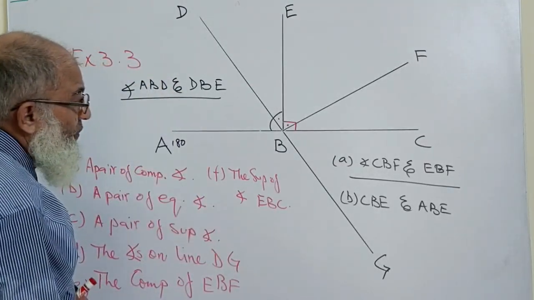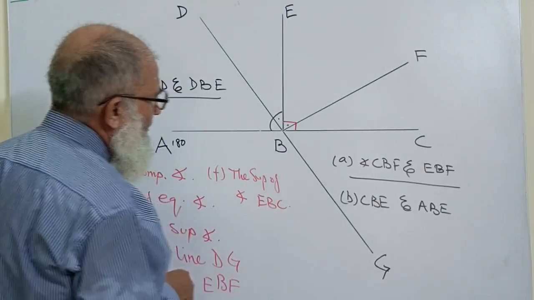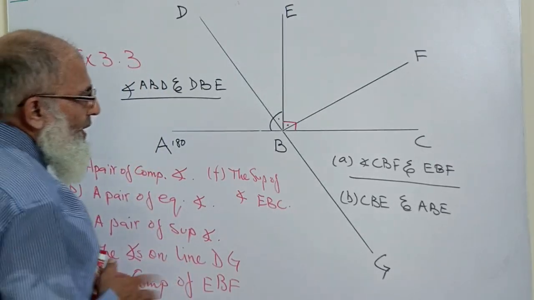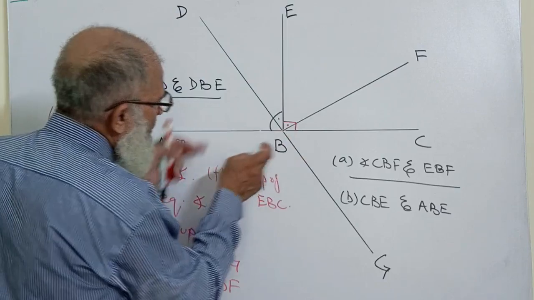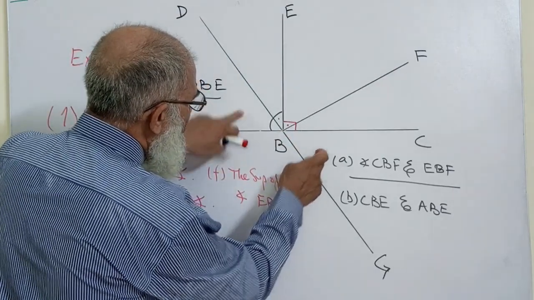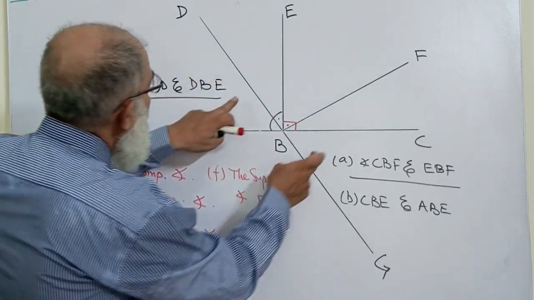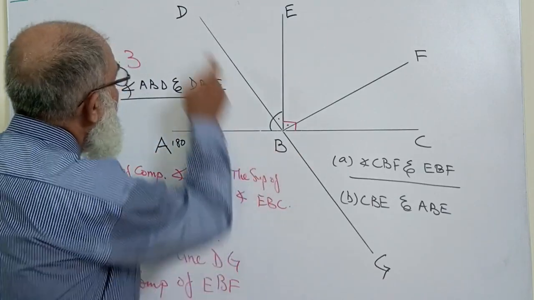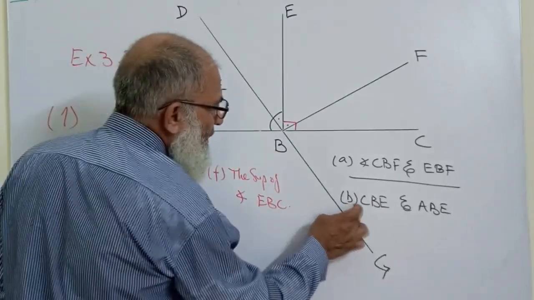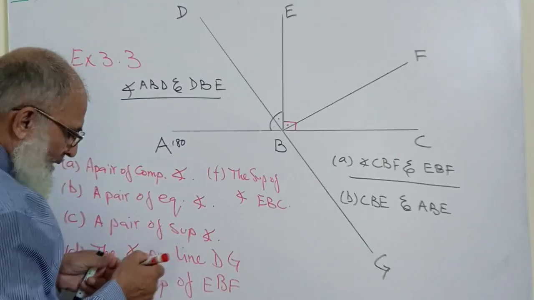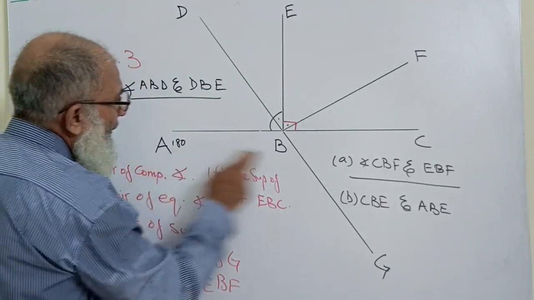Two pairs of angles are formed when the lines cut each other. So there are two pairs again. This is one pair and this is the other pair. This is still part B.